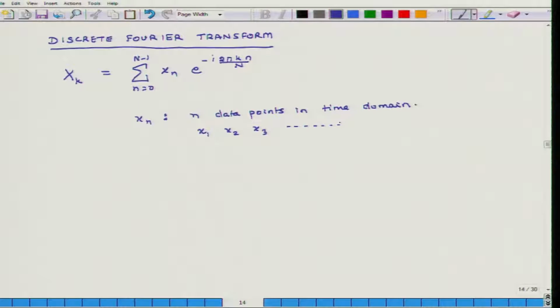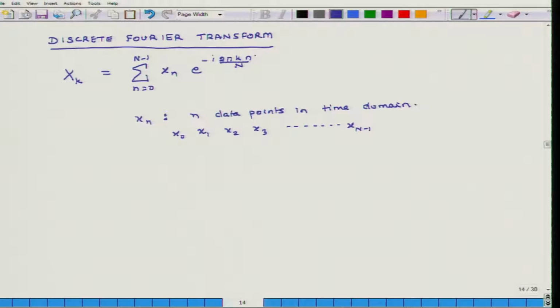But we do not start from x1 because in this formula n starts from 0. So, the first point we call x0, and if there are N points we go up to x N minus 1. So, we start from 0 and end at N minus 1. So, x n are N data points in time domain.